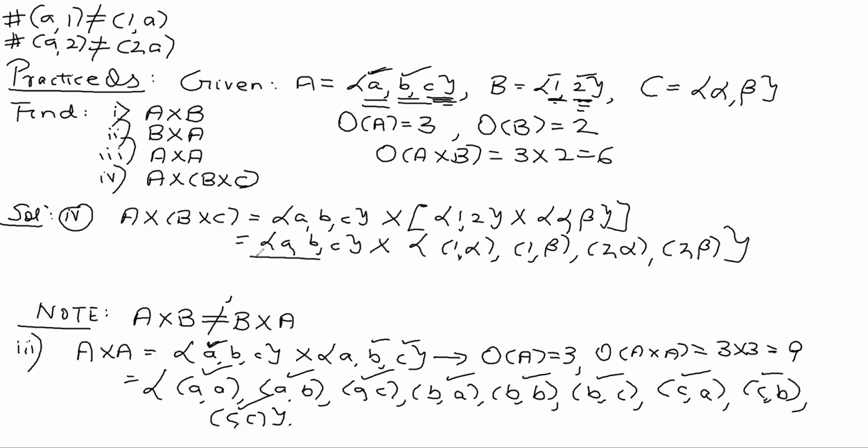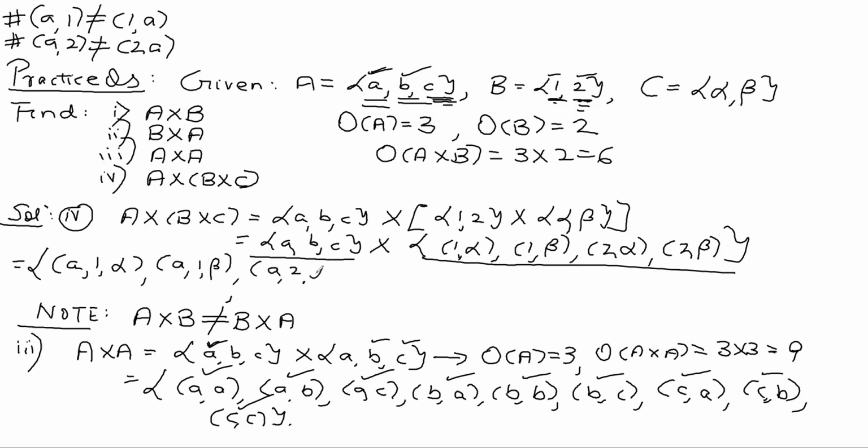Now I have to do this cross this. So it will be (a,1,alpha), (a,1,beta), (a,2,alpha), (a,2,beta), and I can go on.